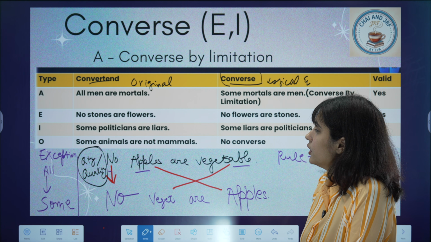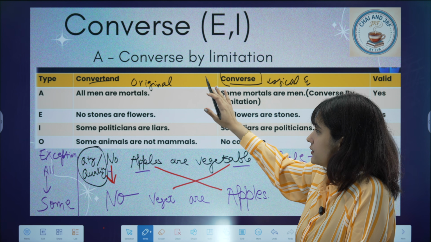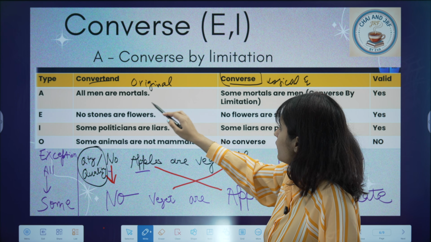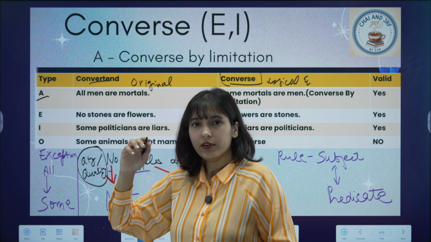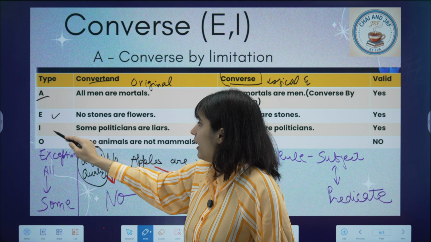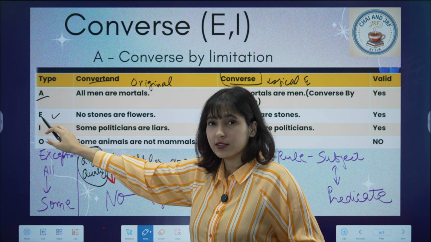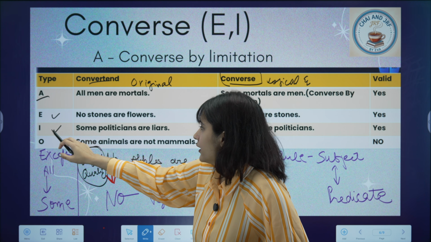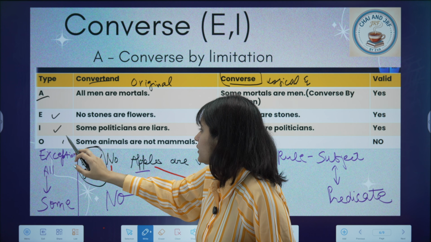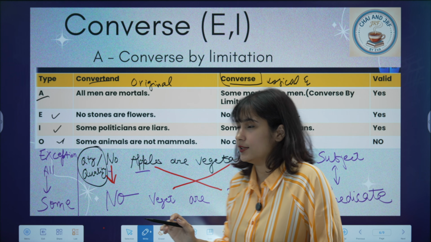Okay, so in order to understand this concept, for now we will ignore A here, but we will be focusing on these E and I. So now what is going to happen in this categorical type? E stands for no, I stands for some, and O stands for some not. I hope you remember all this, right?